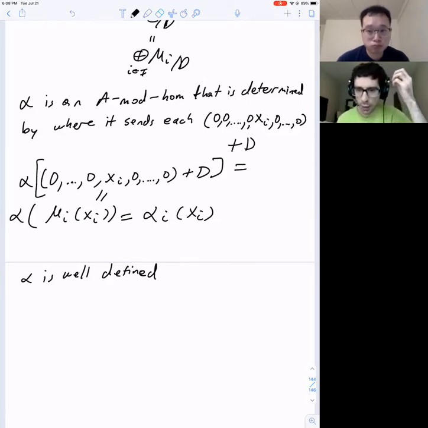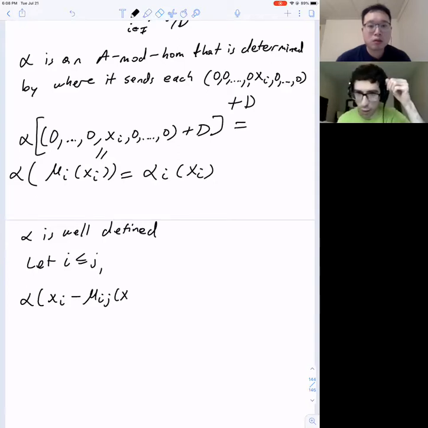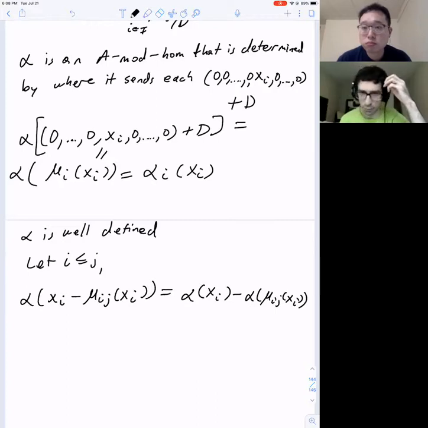Namely, if we have indices i and j, one less than the other, I need to prove that alpha of x_i minus mu_ij of x_i behaves nicely. So this is alpha of x_i minus alpha of mu_ij of x_i.